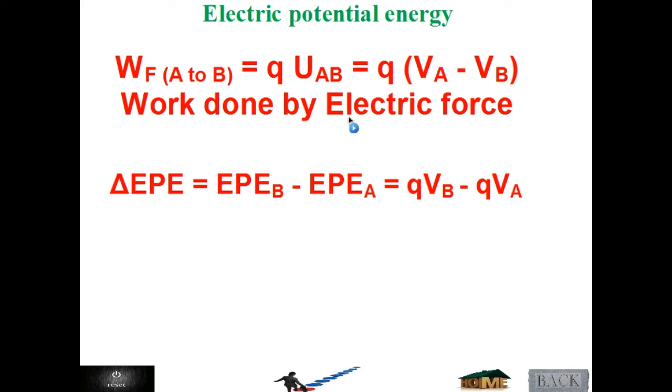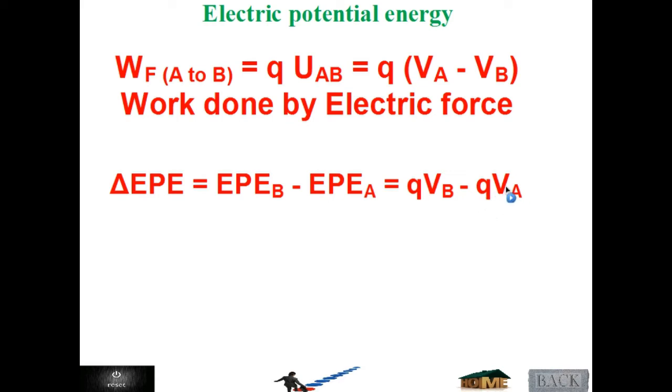then the variation in the electric potential energy is the electric potential energy at B final minus the electric potential energy at A initial. Electric potential energy at B equals Q times electric potential at B, minus electric potential at A equals QVA.